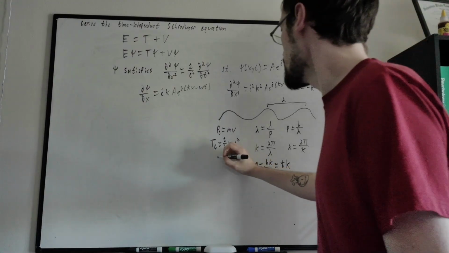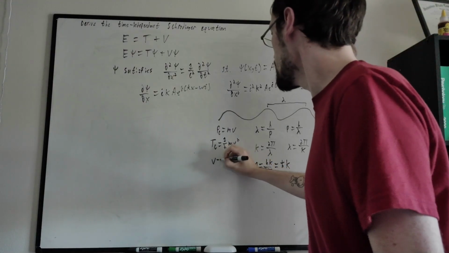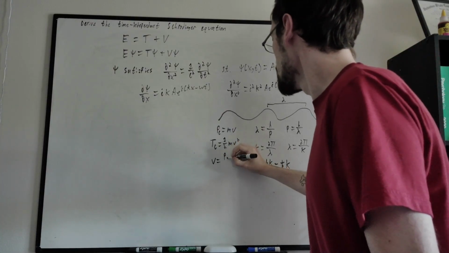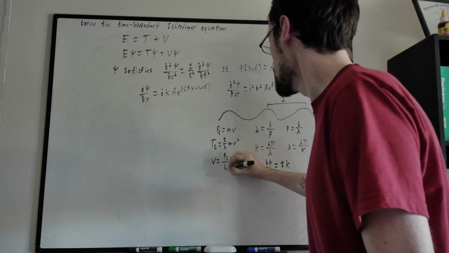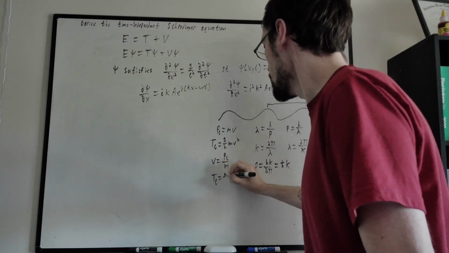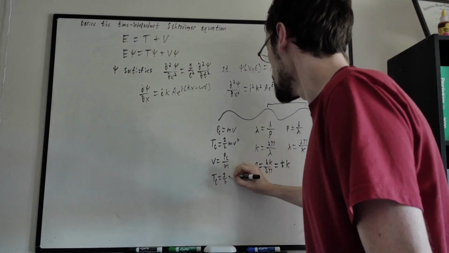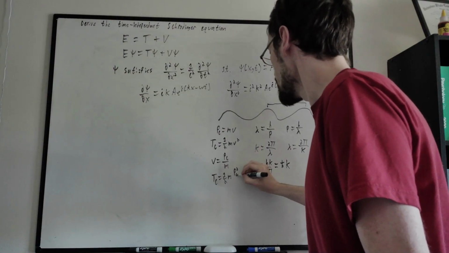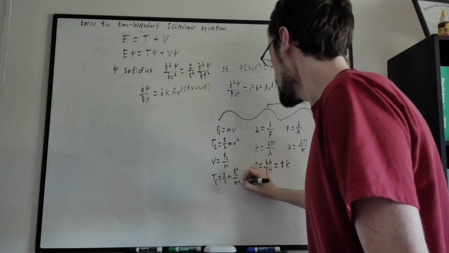So velocity here classically then is equal to p sub c divided by m. So in other words, our classical kinetic energy is equal to 1/2 mass times momentum squared divided by mass squared.